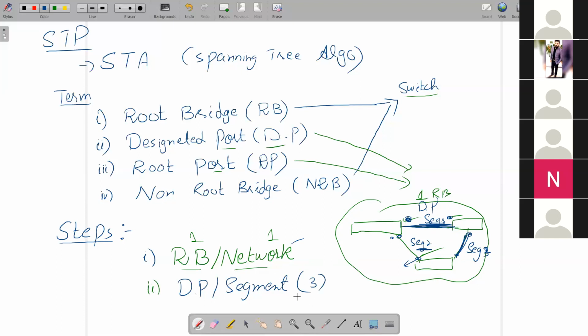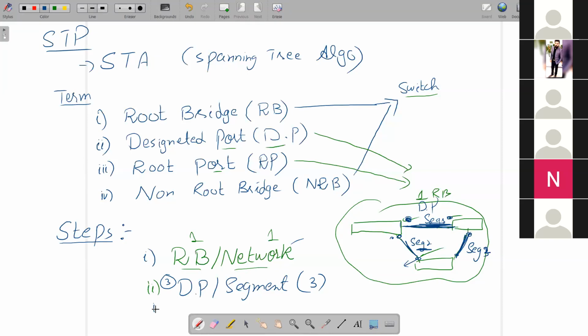So how many DPs should I have, guys? If I'm having 3 segments in this network, how many DPs should be there? I think so. 3. Perfect. If I'm having 3 segments, then there should be 3 DPs.